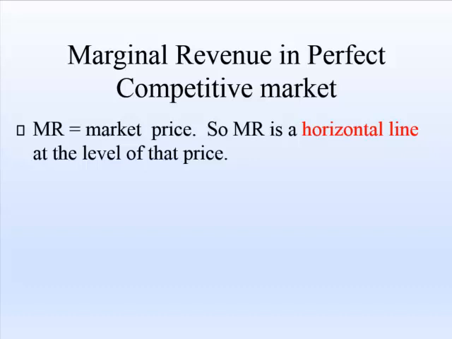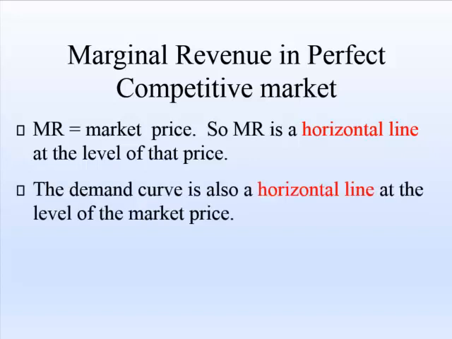So your marginal revenue is equal to the price, and already we have seen that it was a horizontal line, and it is also equal to the demand curve, because that is also a horizontal line at the level of market price. So here marginal revenue, market price and demand are the same.